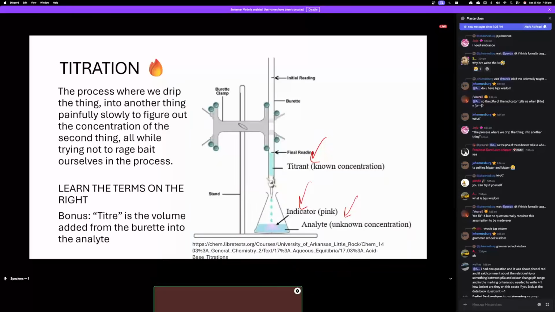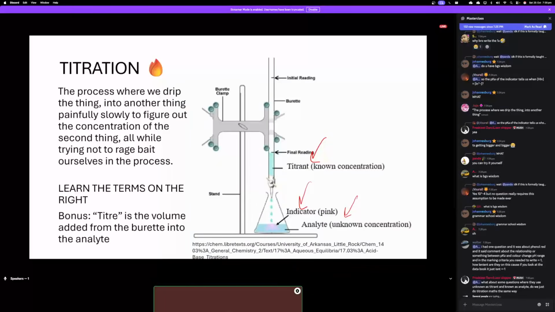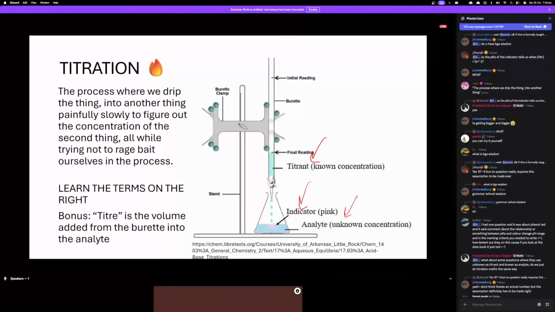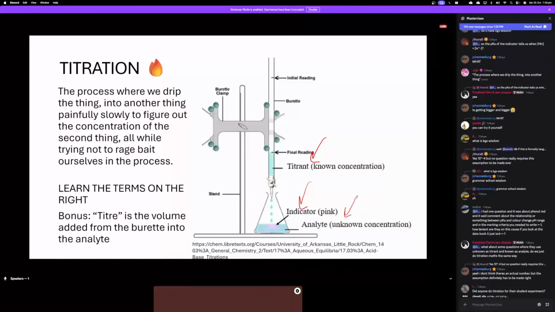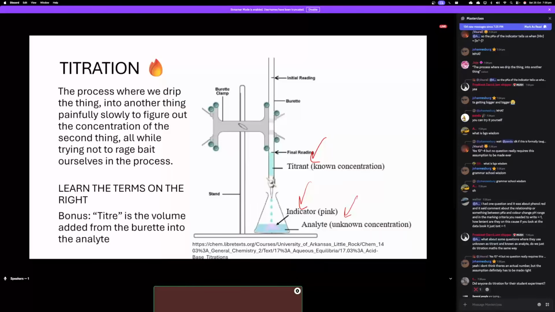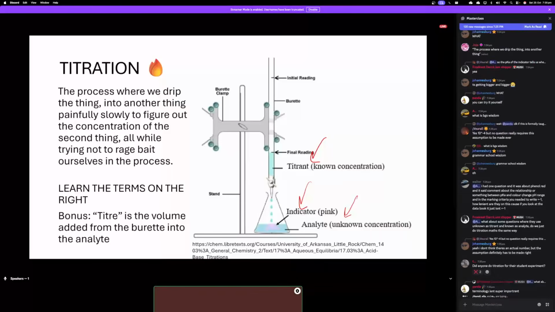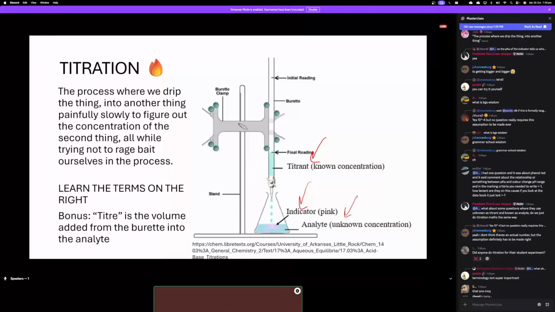Question about phenol red, and it said comment about the relationship between pKa and the color change. He's right, plus minus 1. I need to see the question, but I think I know the one you're talking about, and I think Panda can answer that probably. There's some question where they use unknown they use unknown as titrant and known as analyte.